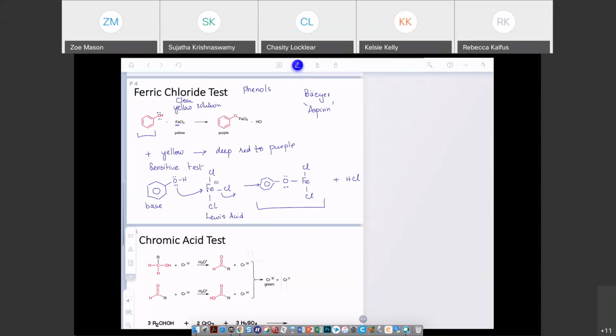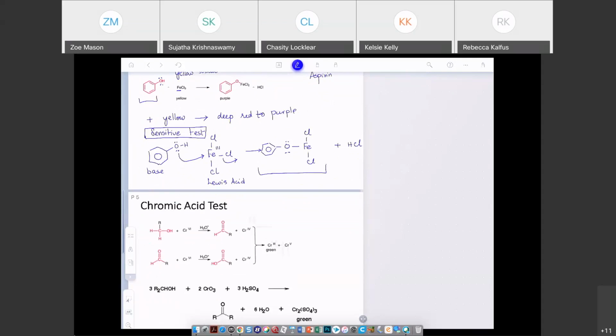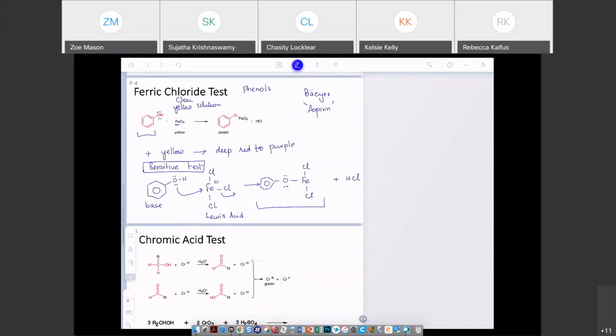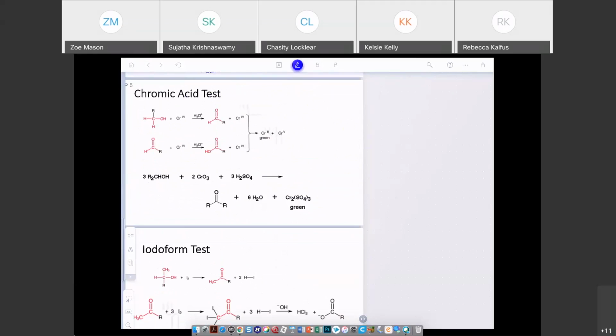So whether aspirin is 100% aspirin or is contaminated with phenolic compounds is determined in the pharmaceutical industries using the ferric chloride test, simply because it's a very sensitive test. Even trace amounts will show a deep purple coloration that you cannot miss. Any questions there? So that's the test that's used for classifying a phenol.